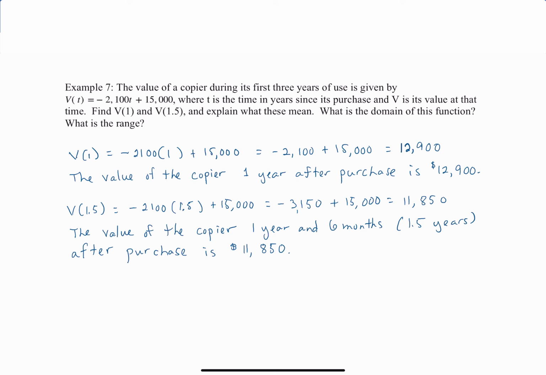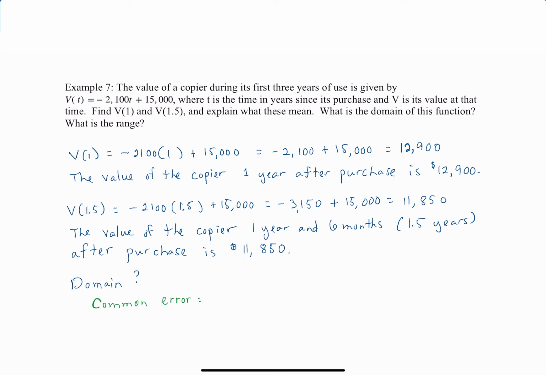Let's move on to the domain. Now here's a common error in this type of problem, and that is to look at the function and say its domain is all real numbers because there's no problem numbers I have to throw out. There's no dividing by the variable. There's no square rooting of the variable.